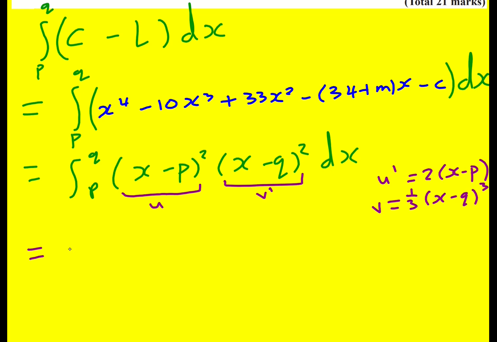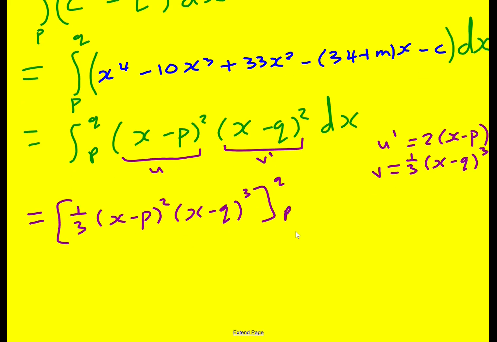So then we'll get uv, which will be a third x minus p squared, x minus q cubed, evaluated between q and p, minus the integral from p to q of u dash v.